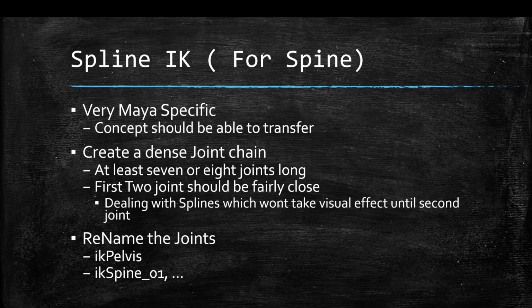The reason is that when you're dealing with splines, you want to put the first 2 spline attachments somewhat close to each other to make sure the spline works. Then you're going to want to rename the joints to something that makes sense, like IK pelvis, IK spine 1, 2, 3, 4, 5, 6, 7.